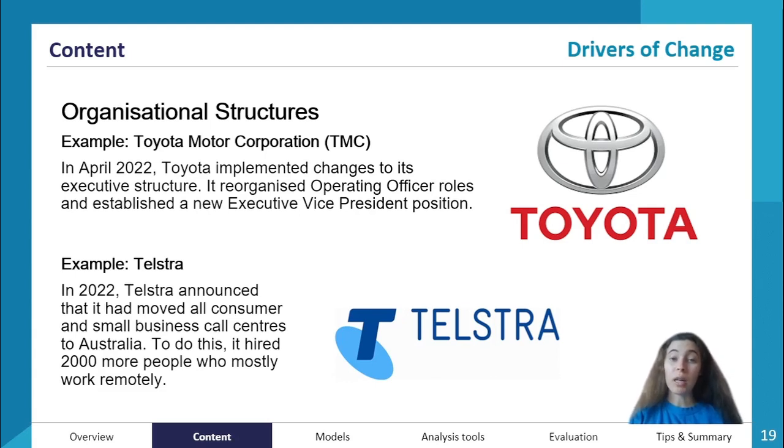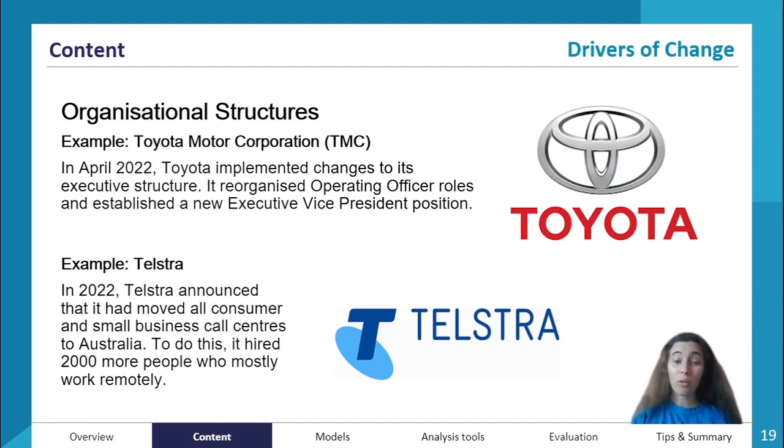In this case, it reorganized its operating officer roles, and it also established a whole new role, the executive vice president position. So that would have resulted in some shifts in the way that hierarchy would have looked in that business.